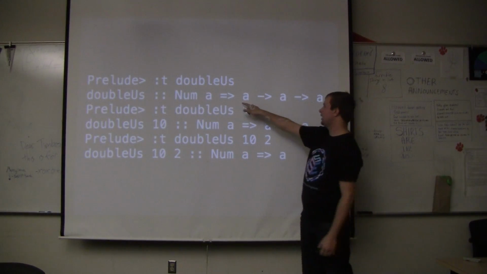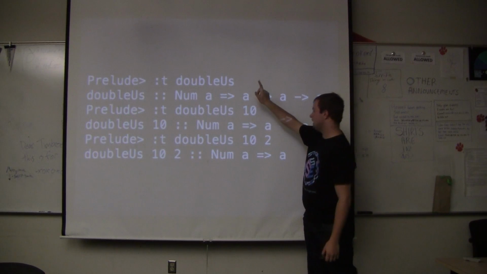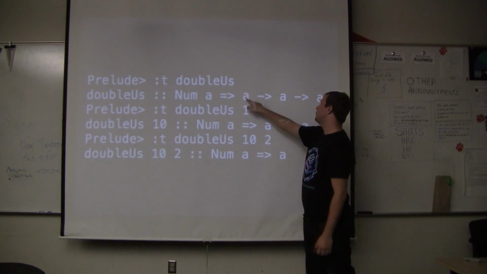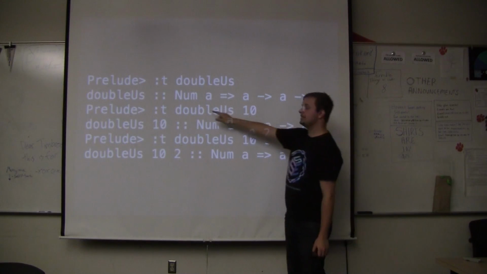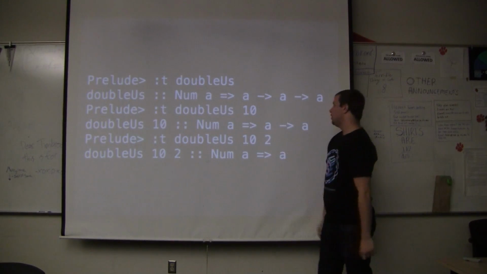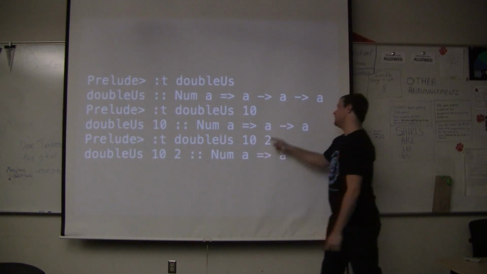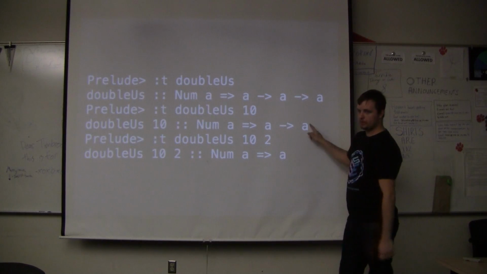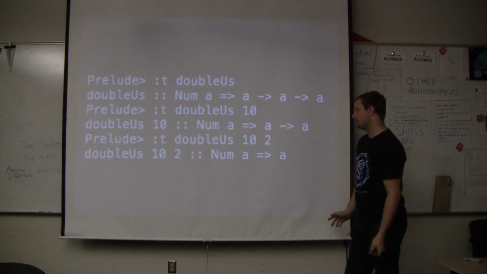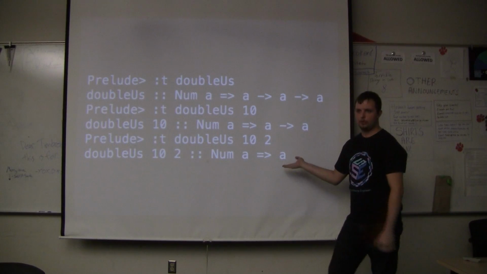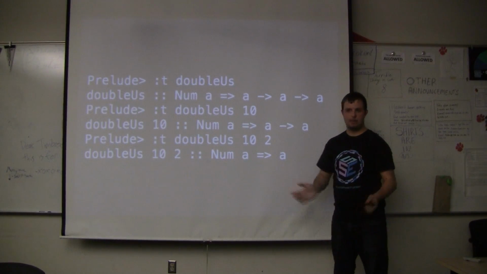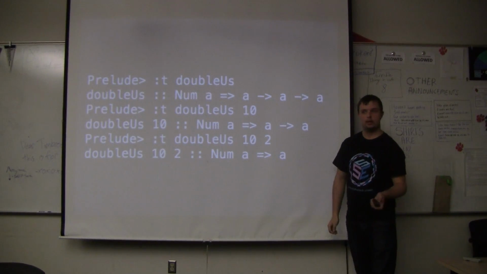It's a function that takes in a number, takes in another number, and returns another number. So when we curry that down to double us 10, that's just a function that accepts a number and returns a number, because we've taken off one of those parameters. And then finally, when we call double us on everything, it's just a number. Does that make a little bit more sense out of the whole currying thing?